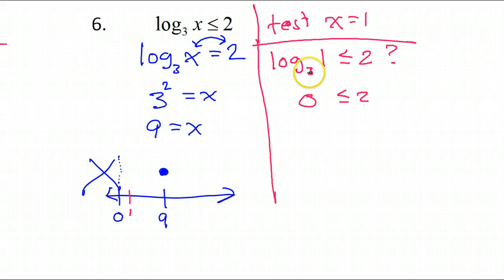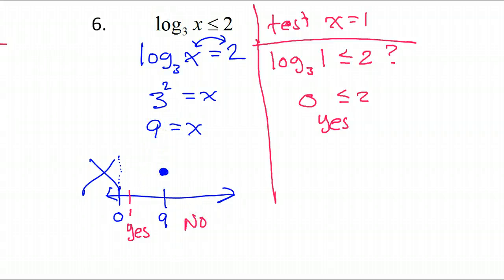Well, anything to the 0 power is 1, so it must be 0. Okay, 0 is less than or equal to 2. Well, yes it is. That's a true statement. So that means yes, this is where my solutions will be. And no, there will not be any solutions over here.